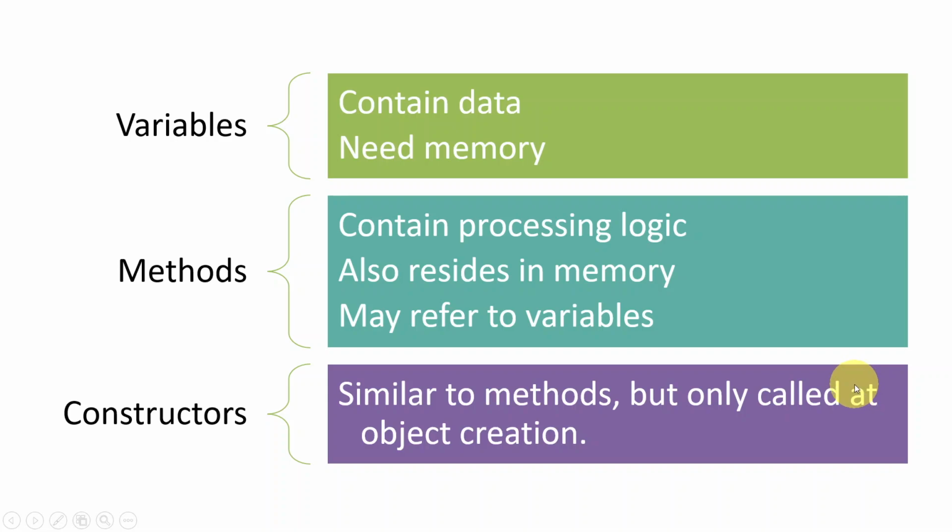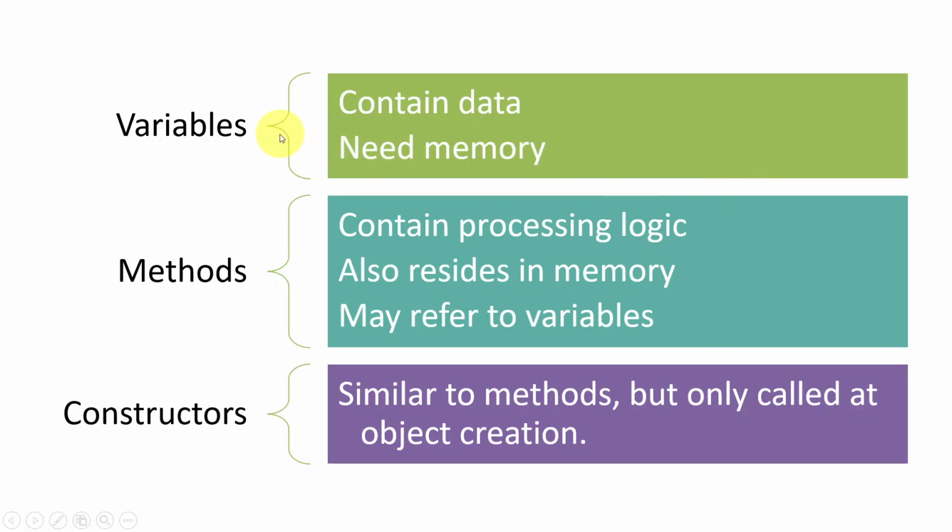When it comes to coding level, we are interested in three different aspects: the variables, the methods, and constructors. The variables represent the data and they need memory allocation. The methods represent the processing logic. The constructors are like methods, but a constructor can be called only at the object creation time.